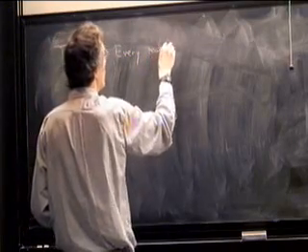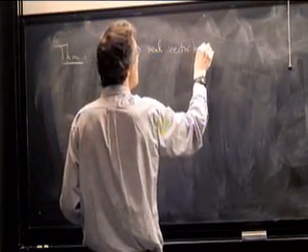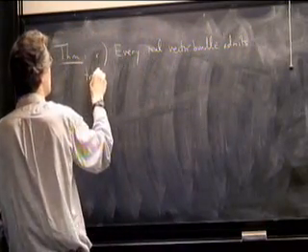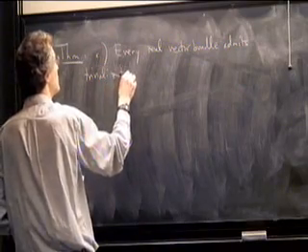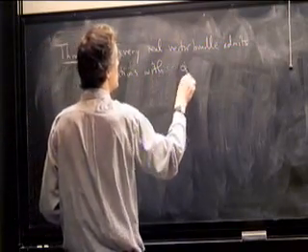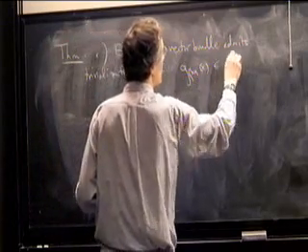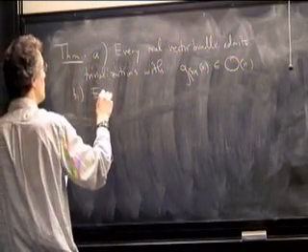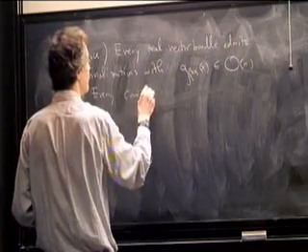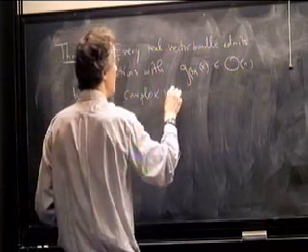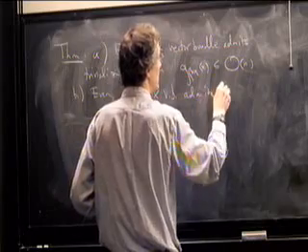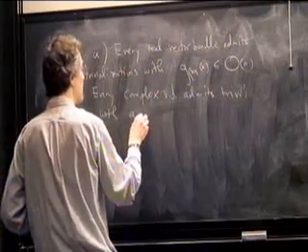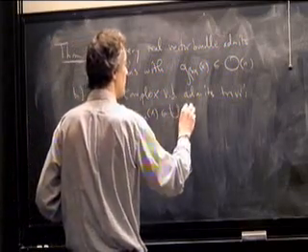Every real vector bundle admits trivializations with g beta alpha of x in O(N), and every complex vector bundle admits trivializations with g beta alpha of x in U(N).